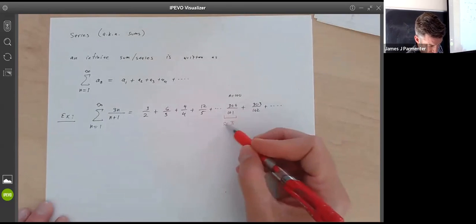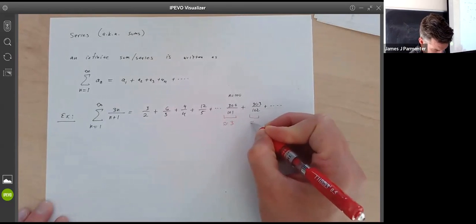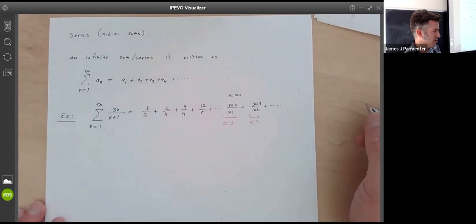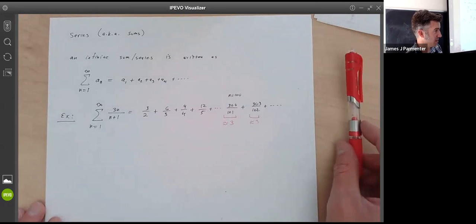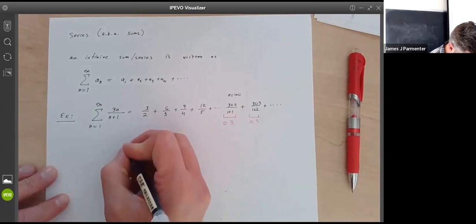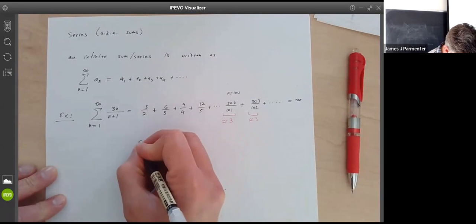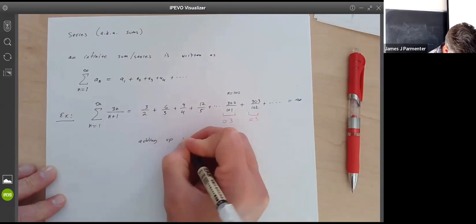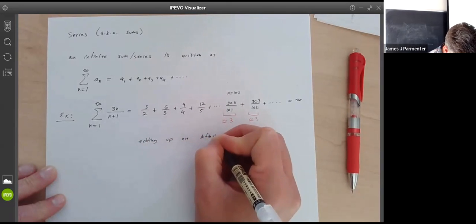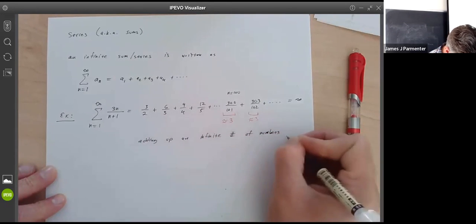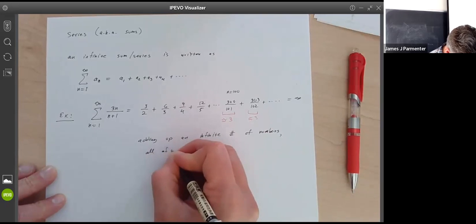So this number is close to 3. This number also close to 3. All these numbers out here, pretty close to 3. How many 3s am I adding up? A lot, like an infinite number of 3s. This is going to be infinity because I'm really adding up an infinite number of numbers, all of which are close to 3.